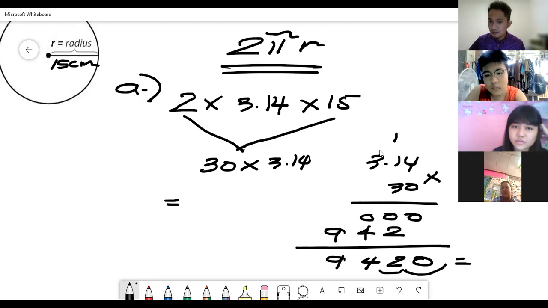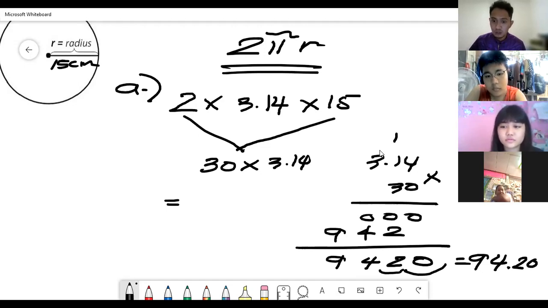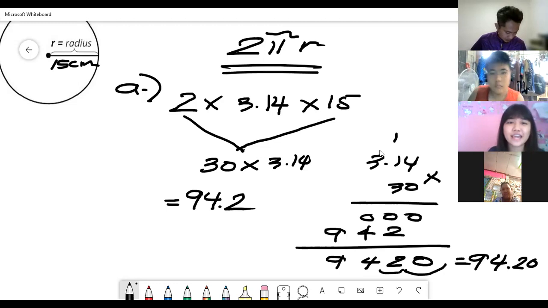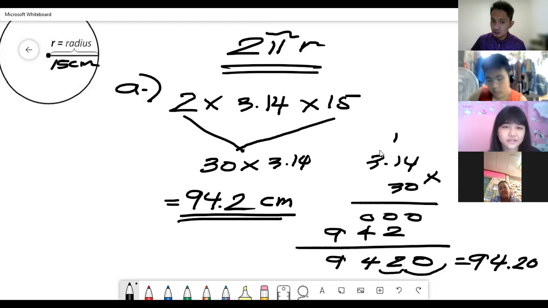The answer is 94.20, or 94.2, because 0 has no value. 94.2 centimeters. Do not forget centimeters. Okay, easy.